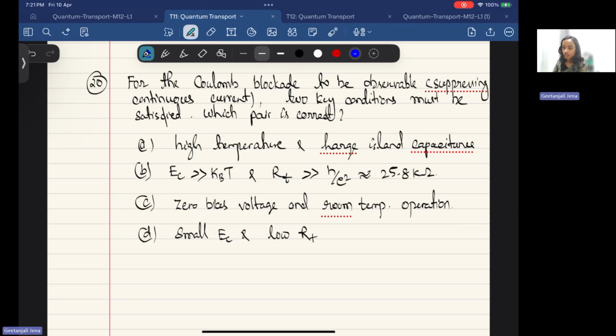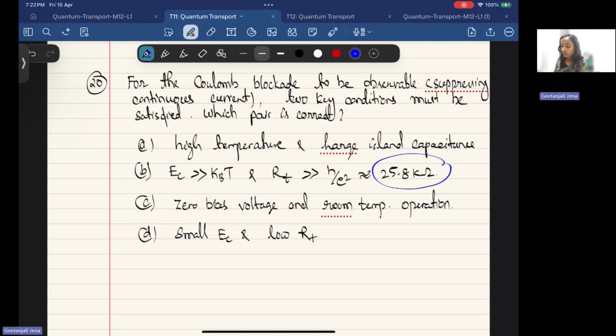Question number 20, it's also a conceptual one. For the Coulomb blockade to be observable, that is, suppressing continuous or oscillatory current, two key conditions must be satisfied. Which pair is correct? Option A, high temperature and large island capacitance. Option B, EC should be much greater than kBT, and RT, the tunnel resistance, should be much greater than h by e square, which has a value of 25.8 kilo-ohm.